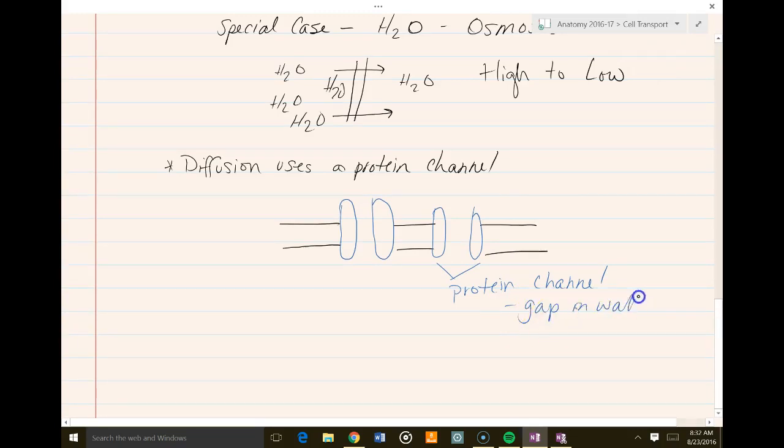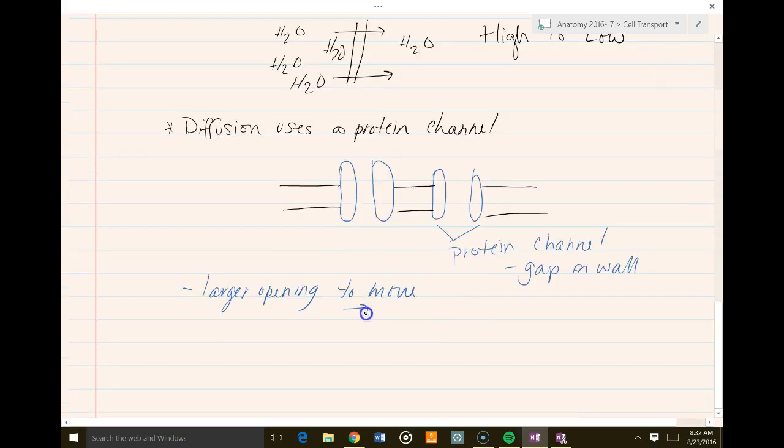It's like a doorway. Imagine if you're trying to move a sofa in through, say, a window versus a giant entryway. It's a lot easier to move that sofa into your apartment or your house if you're going through a larger opening. So the same idea with this. Because we have these protein channels, we are given a larger opening to move material. So since we have a larger area to move material, we can then push that material through.